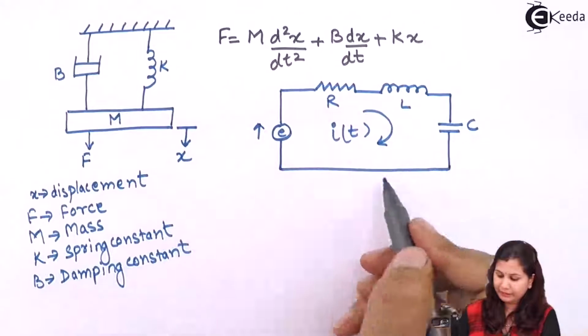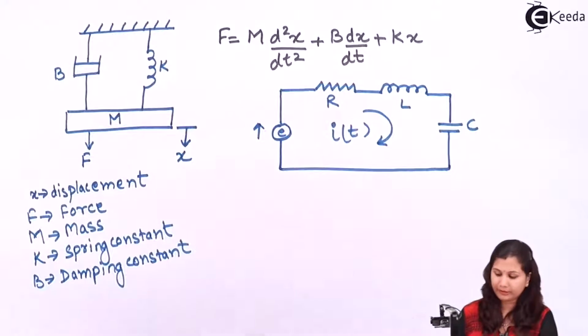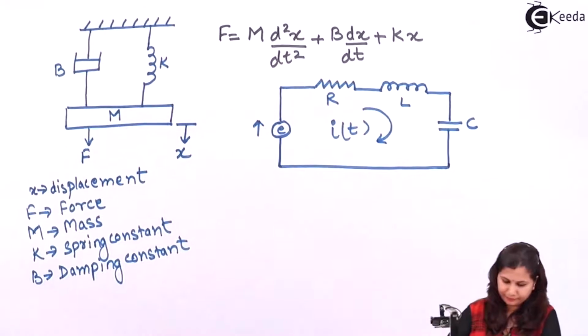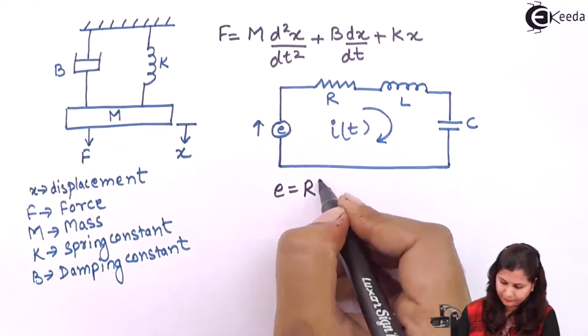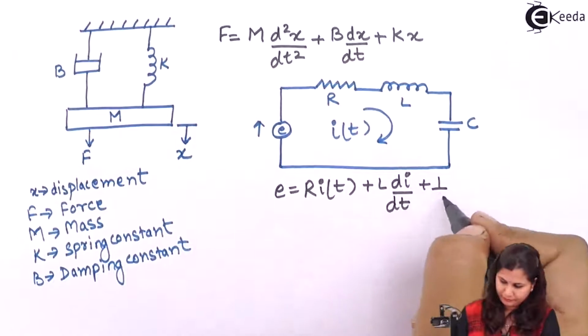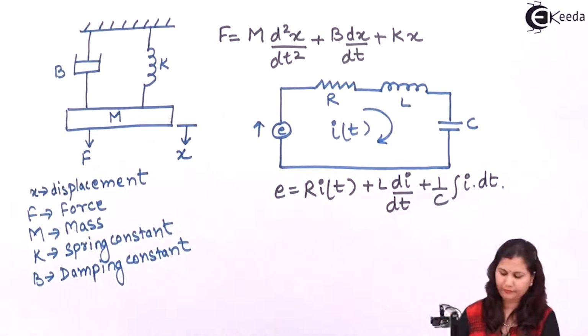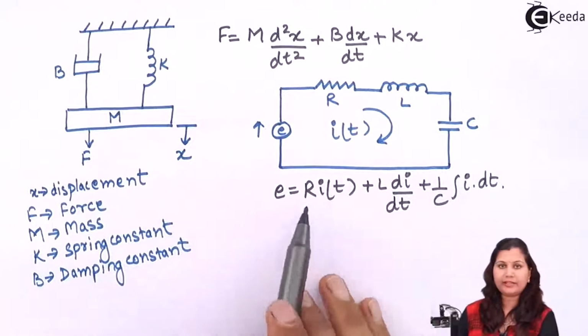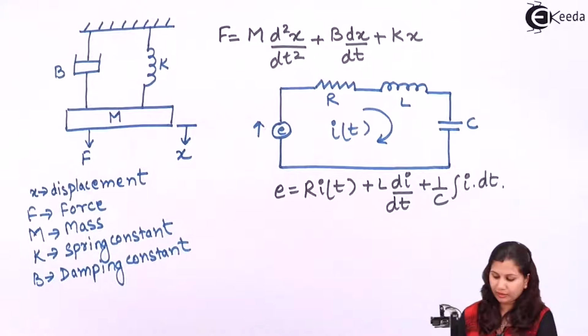If we write the mathematical equation for this system, this is the equation for the voltage, and also it is the relationship between the voltage and the current.